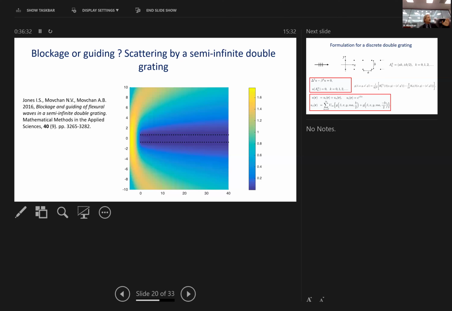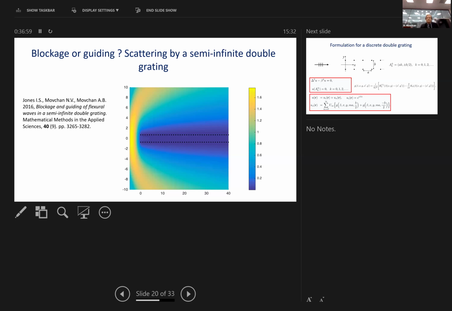In this case, you have just two semi-infinite gratings. Can you see one and the second grating? And suppose you send a plane wave, and again, it's a flexural plate, and you say, is it going to trap this signal and guide it through, or is it going to block it and nothing is going to be inside?